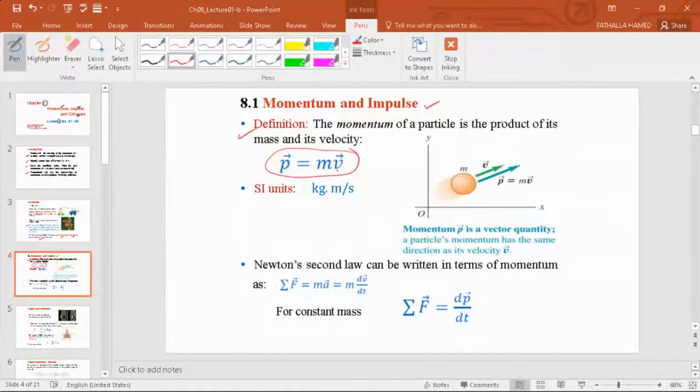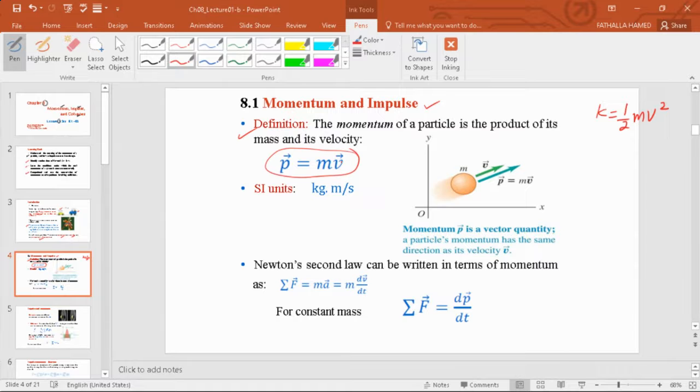Remember, in chapter number 6, we dealt with kinetic energy, which is equal to 1/2 mv squared, a product of mass and speed. In this case, we're talking about a vector quantity because the velocity is a vector quantity.